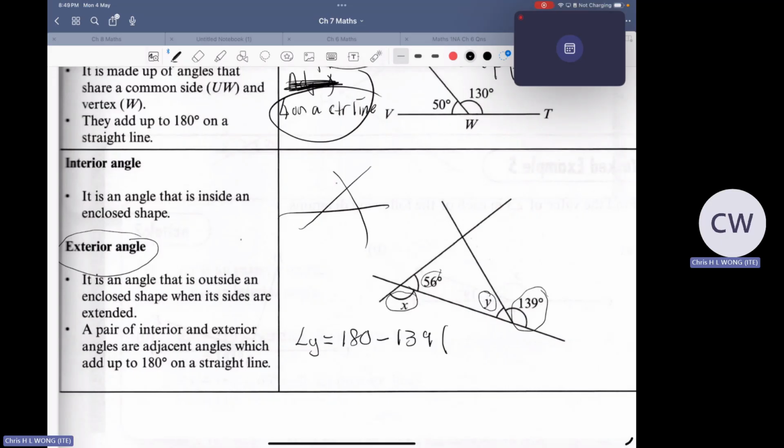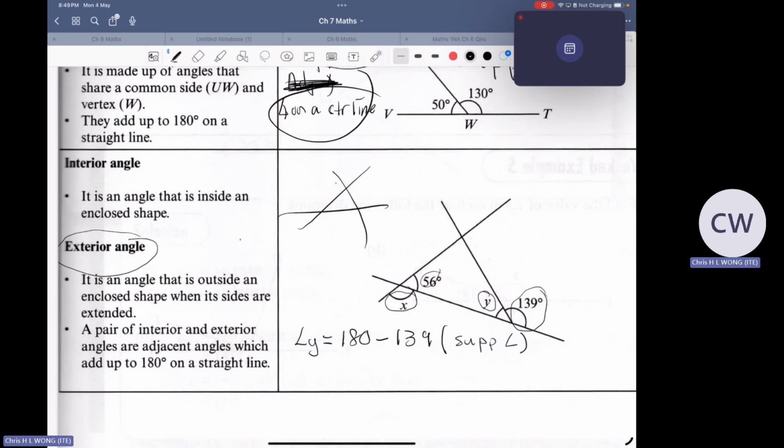Same, the 180 that we talked about just now. You can use a few things. You can say supplementary angle, or you can say angle on a straight line. You know, right?